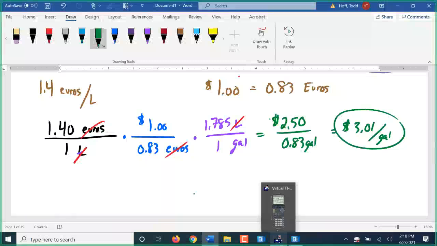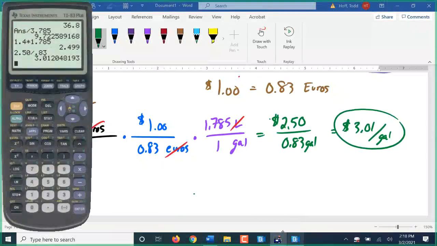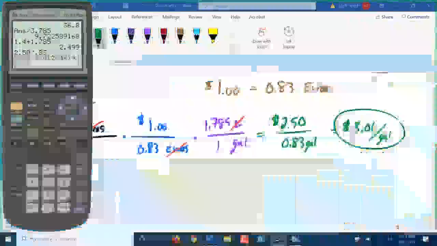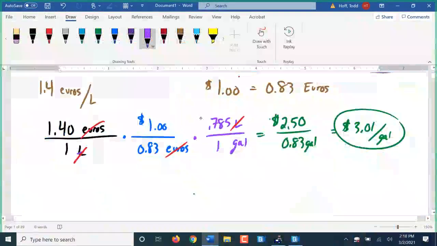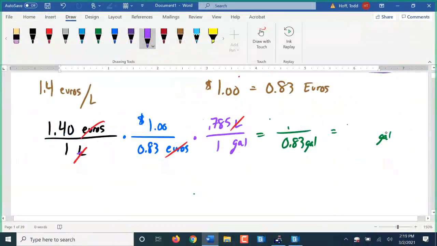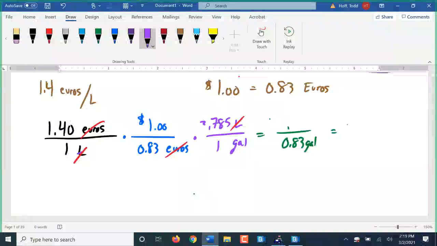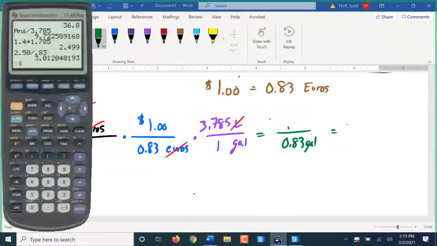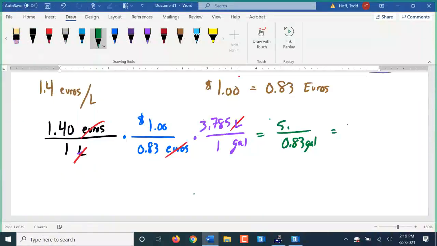Something seems off there. Let me double check my calculation. I see what's wrong. This should be 3.785. That's why it seems fishy. Let me try that again. I totally screwed that up. This is 3.785, not 1.785 liters per gallon. I have to remultiply that top. So it's 1.4 times 3.785. That'll make way more sense. 5.29 or 5.30 dollars.